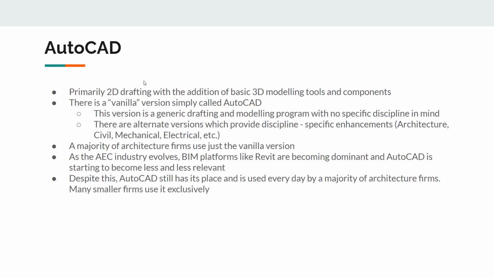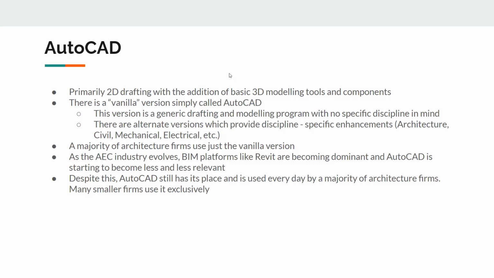All right, so AutoCAD. What is AutoCAD? Specifically, it is a program that you're going to be using to do 2D drafting. It also has basic 3D modeling tools and components tied into it, but for our purposes, we're only going to be using it for 2D stuff.